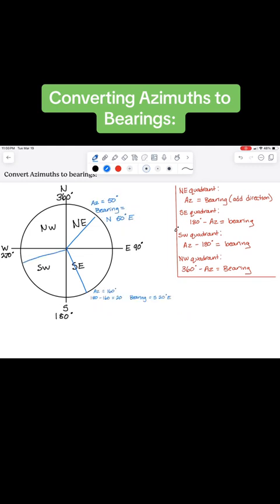Let's do one in the southwest quarter here. If you're given an azimuth of 260 degrees, you're simply going to take that 260, subtract 180 from it to calculate your bearing. So the bearing in this case would be south 80 degrees west.